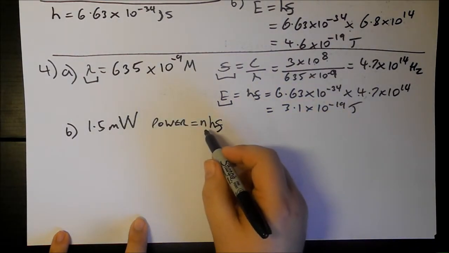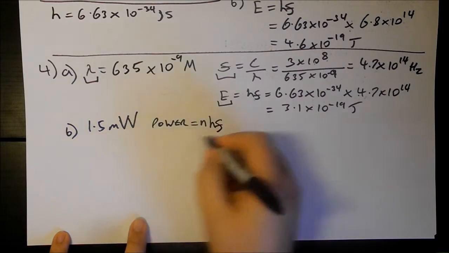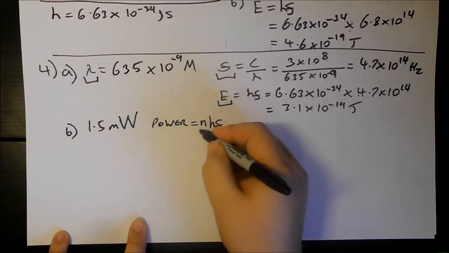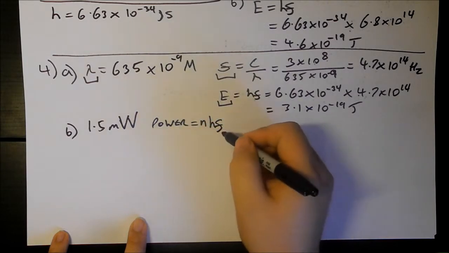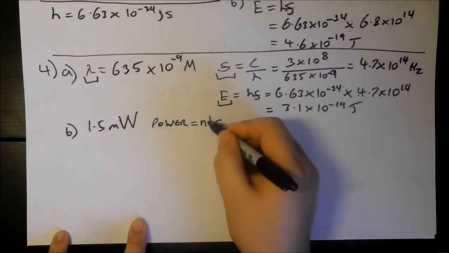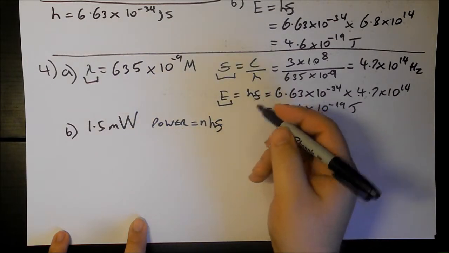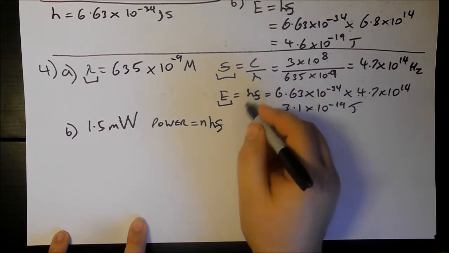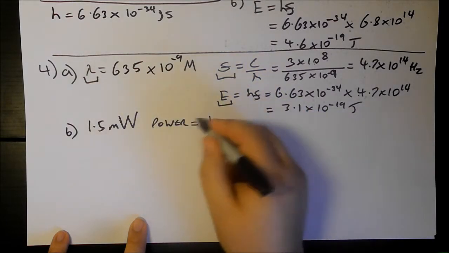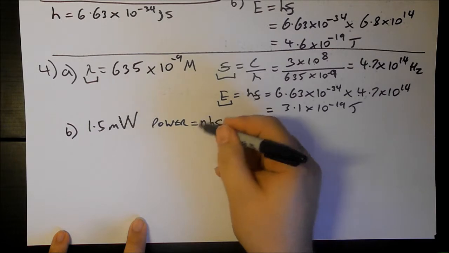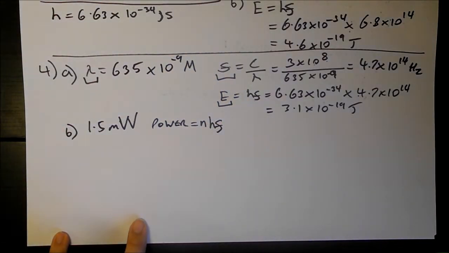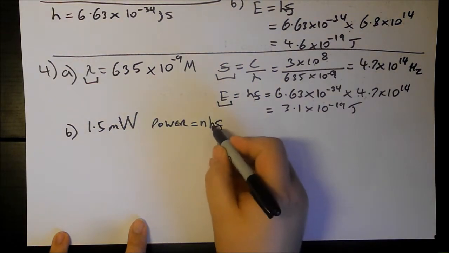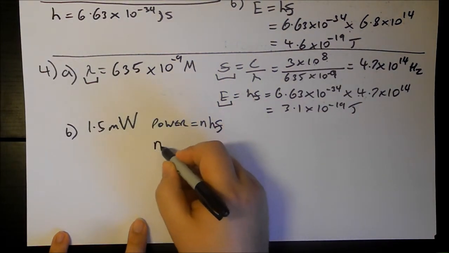We want N, the number of photons, and this HF is exactly as it would be here. So power is equal to number of photons per second times energy. Basically, this is the rate of energy being used. So there's always going to be a per second part added in because we're looking at power. Okay, so we want to work out N.